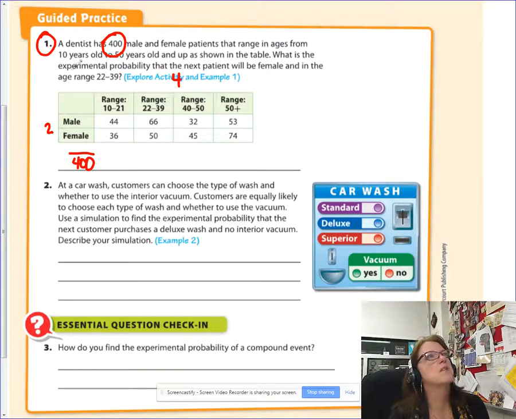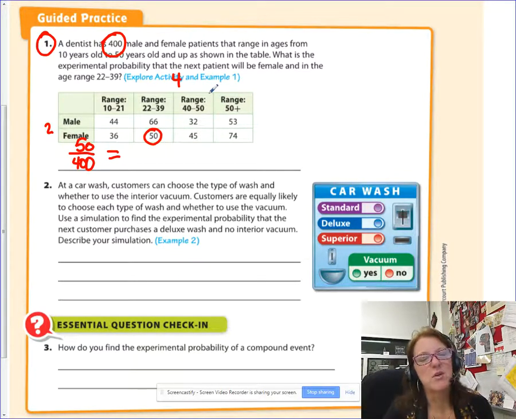Now, when it says, what's the experimental probability that the next patient will be female and in the age range of 22 to 39? That's 50 choices or 50 possibilities out of a total of 400. Grab that fraction. Please write that in simplest form.